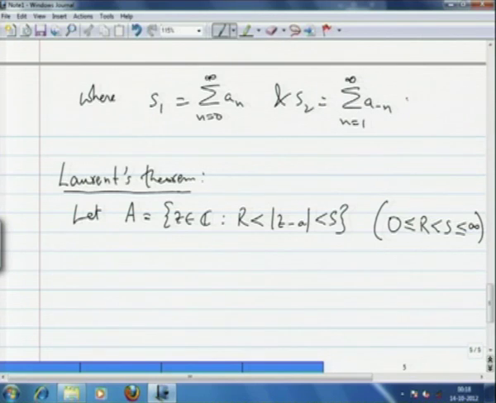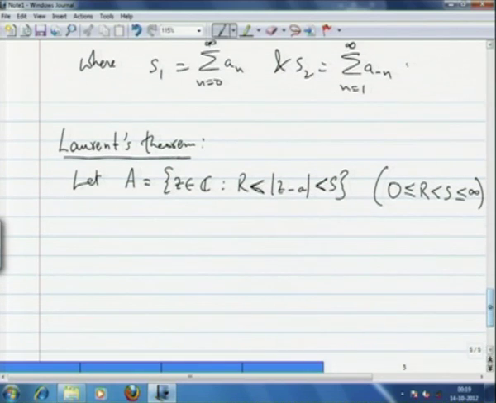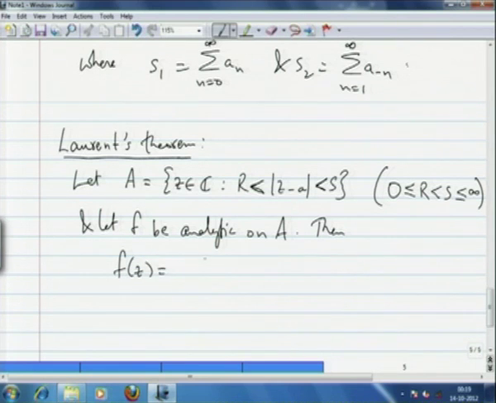Okay. But here we have a strict inequality. So, here or here we have a strict inequality, and let f be analytic on A. So, f is a complex function which is analytic on A, then f of z can be written as the sum over n from minus infinity to infinity of C_n times (z minus a) to the power n.